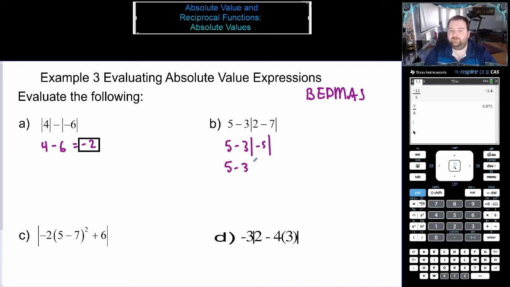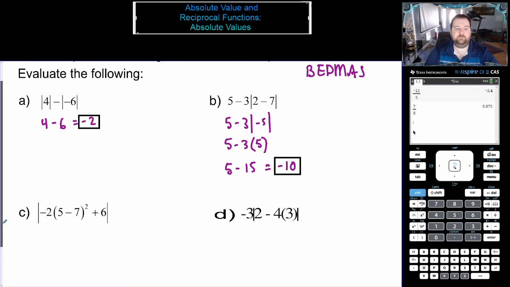What's the absolute value of negative 5? It's 5. So this is going to become just 5. But remember, these are being multiplied. There's a multiply sign there. So now we're going to do this next. So 5 minus 15. And 5 minus 15 is equal to negative 10. So there's our answer.